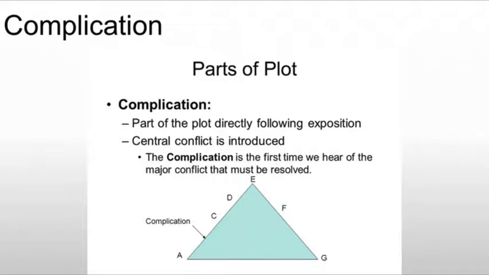This is the inciting incident. So at some point early on, there must be something that happens that changes things, that sends the hero on their journey, or whatever the situation may be. This starts the complication.